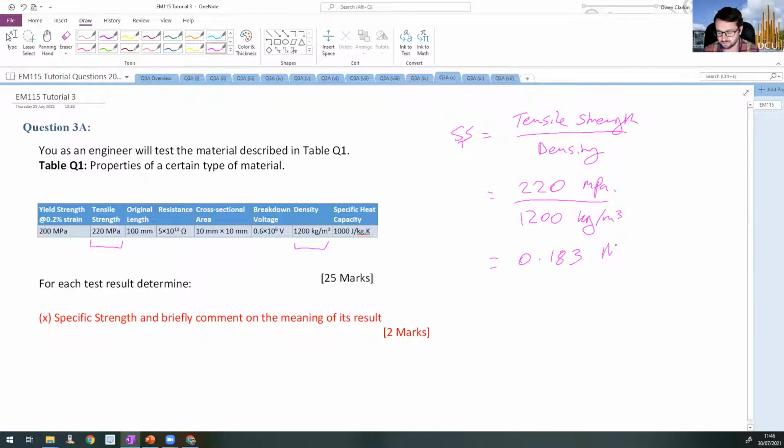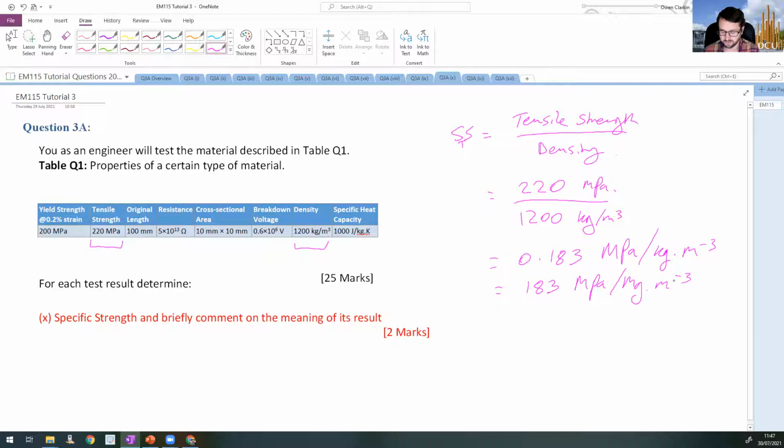So we can use units megapascals per kilogram per meter cubed, if we like. And we could simplify that if we wanted to give it 183 megapascals per megagram per meter cubed.